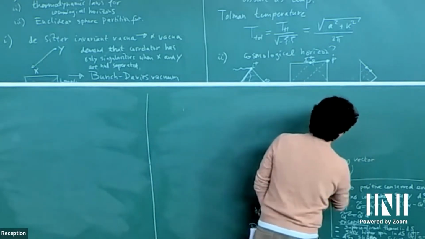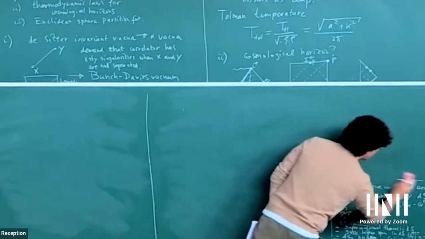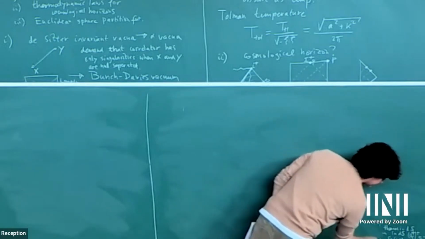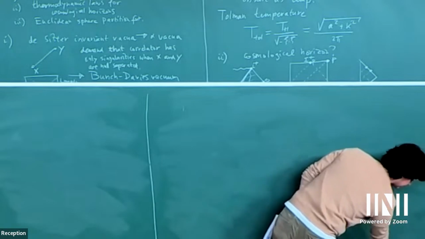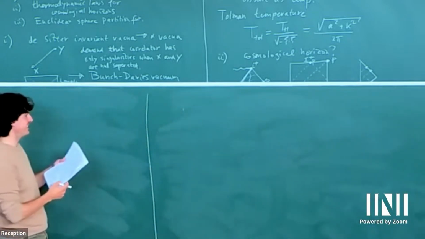But if you compare two geometries and you put some matter inside the static patch, then you will decrease the horizon area. That's what I want to say now.